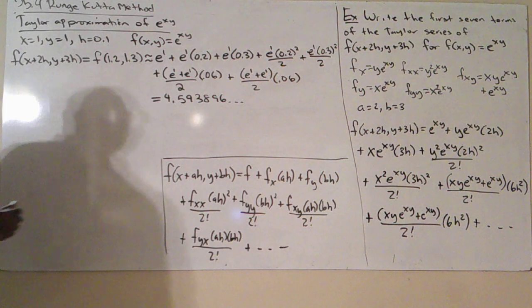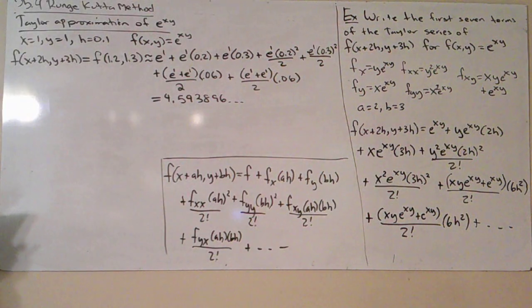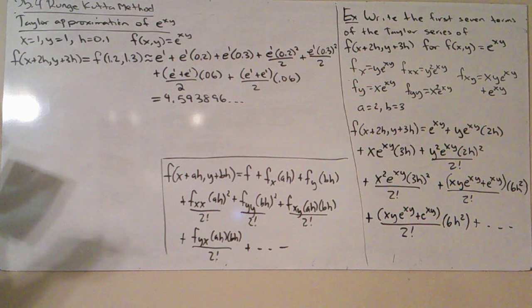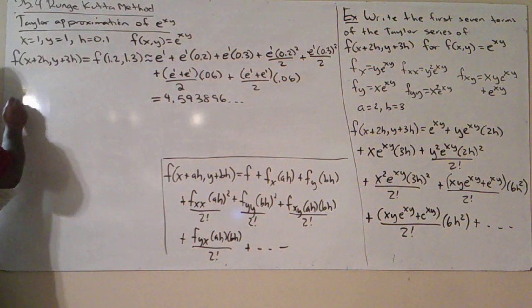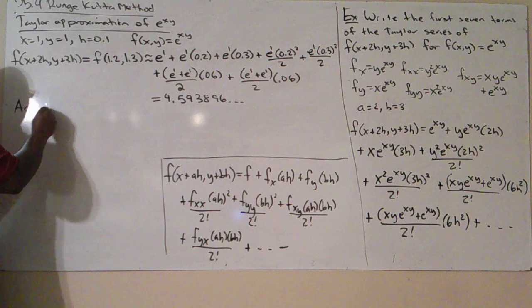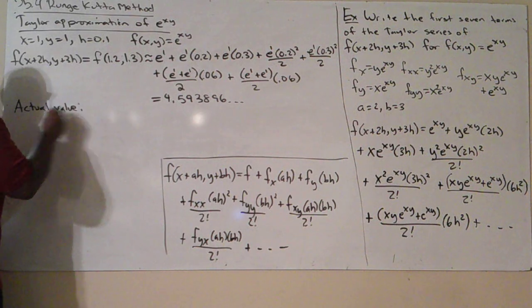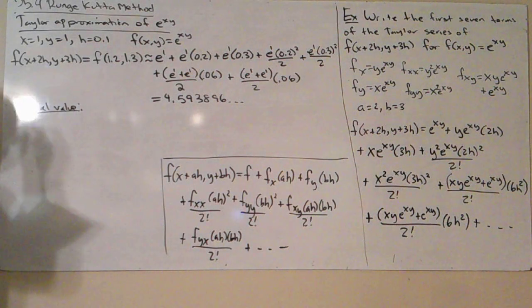If I didn't make any mistakes. Did I make a mistake? I'm gonna double check it after I finish this. If I didn't make a mistake, I'll let you know. And then my actual value, numerical analysis. You always should double check your work.